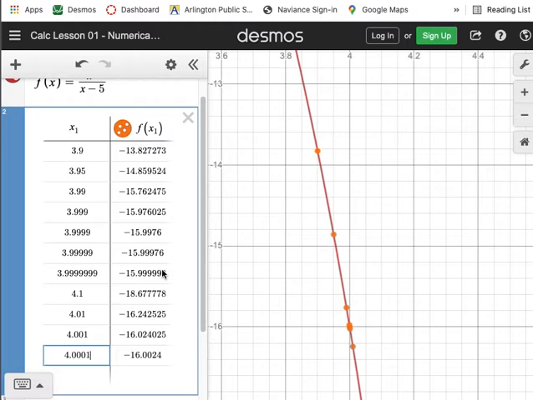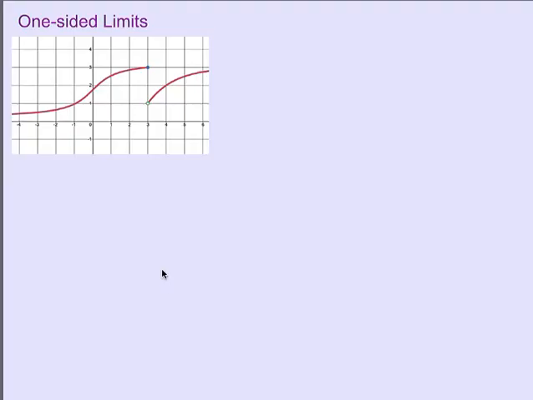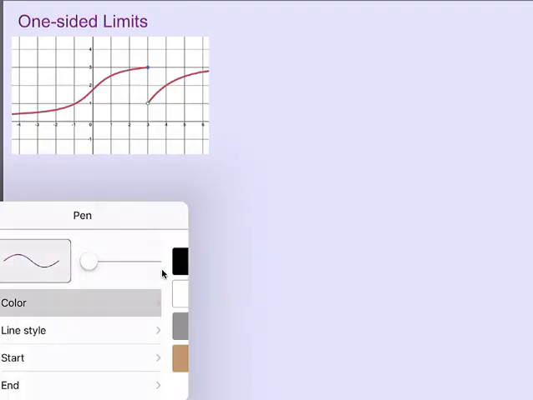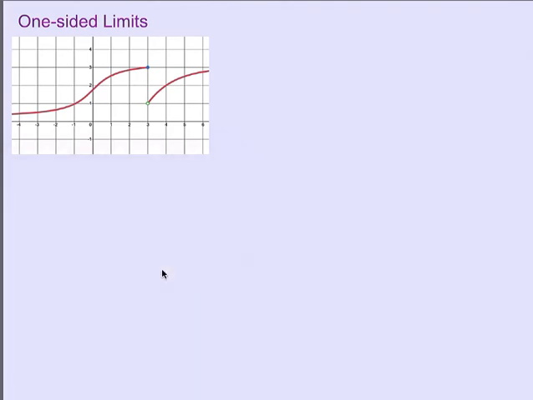If the y value is not getting close to the same thing on either side, such as in this example, we have a slightly different notation to use. These are called one-sided limits. So this is my function f of x. Notice how it's that red function, even though there's a break in it, it's the same function throughout that entire domain.